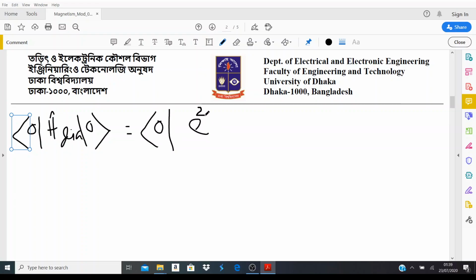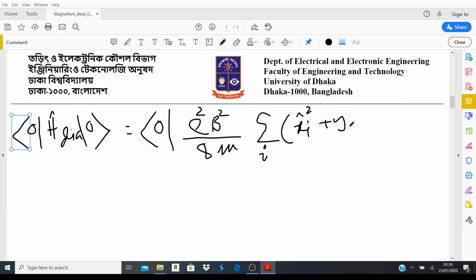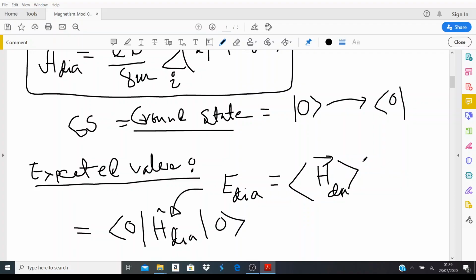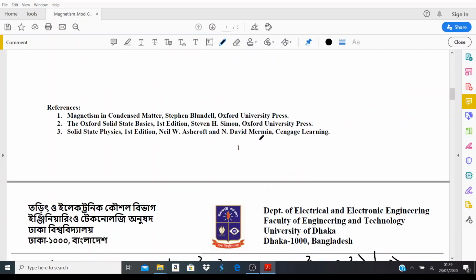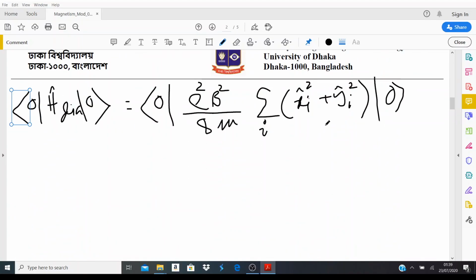We have e squared B squared divided by 8 times the mass of the electron, then the sum over x_i squared plus y_i squared, right? Let me check whether I have the right expression here. Yes. So now we need to calculate this expectation value.